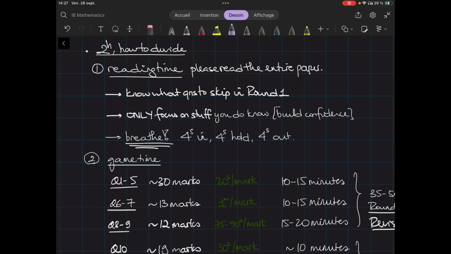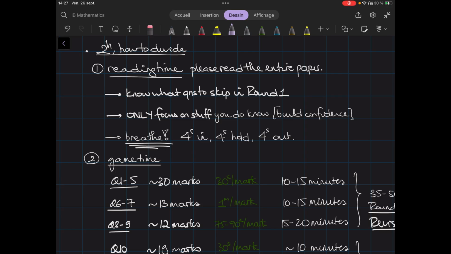Only focus on stuff that you do know. Start with a question that you will get correct. That will build your confidence as we progress through the paper. And of course, never ever forget to breathe. 4 seconds in, hold for 4 seconds, 4 seconds out.